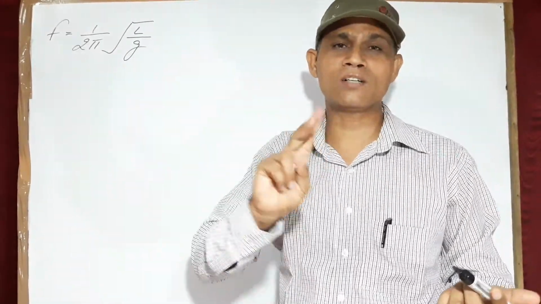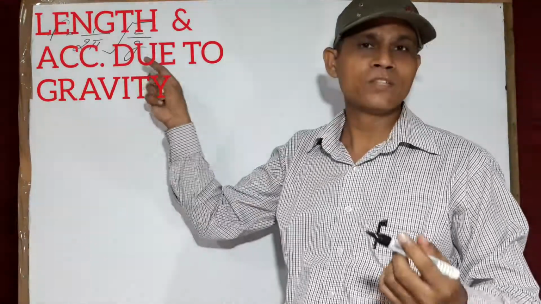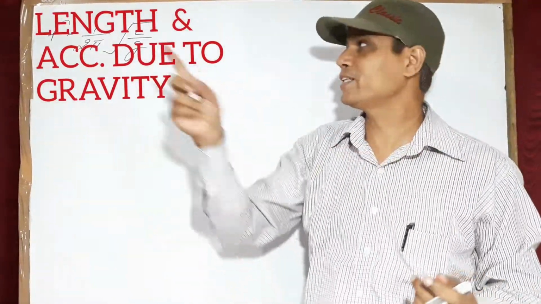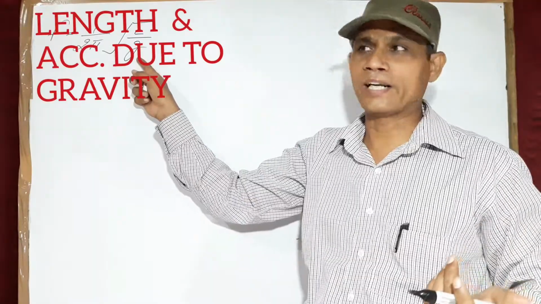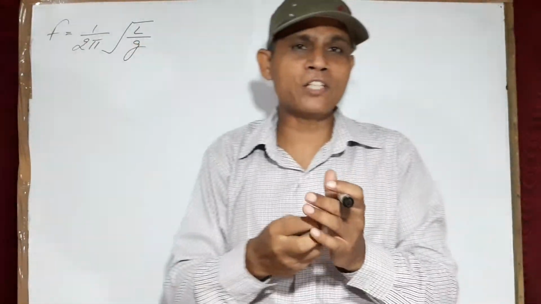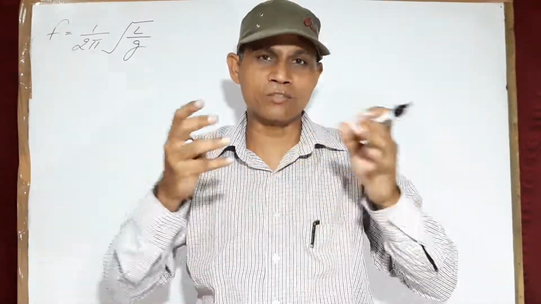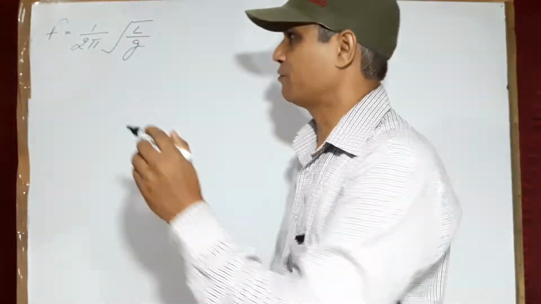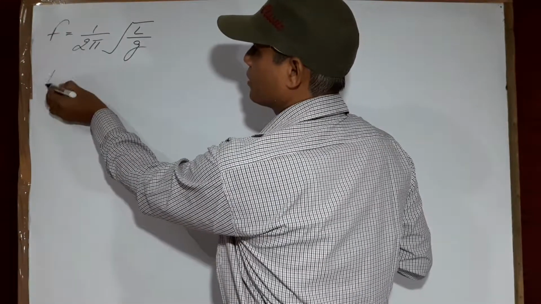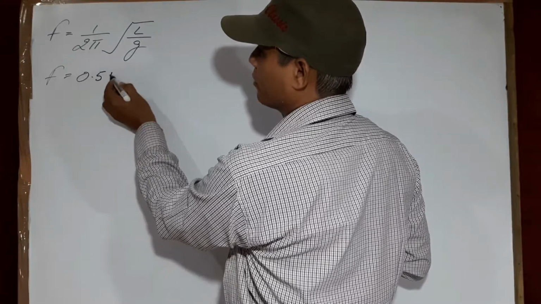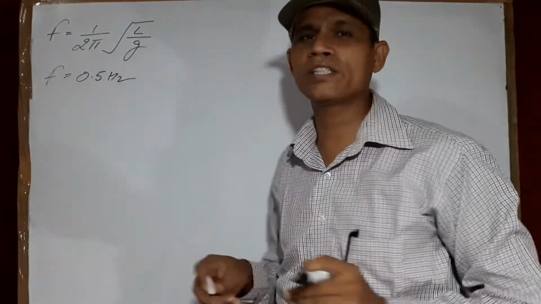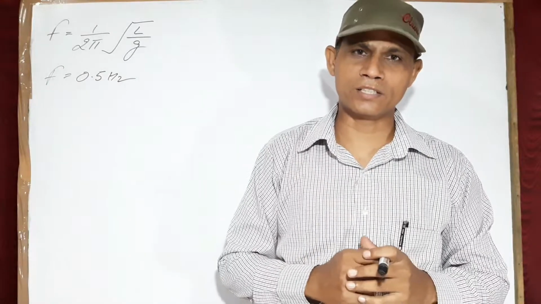Two factors on which the free oscillation of a simple pendulum depends are length and acceleration due to gravity. Now, suppose you have a pendulum whose length is 1 meter, in that case the frequency will be 0.5 hertz. So that is one example.